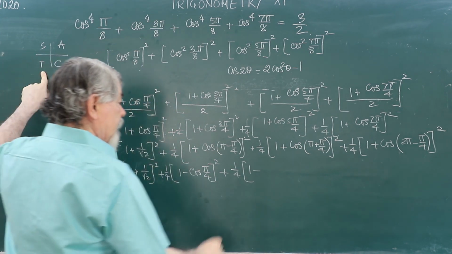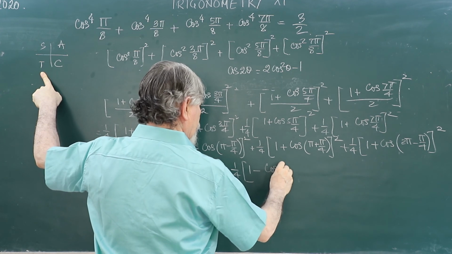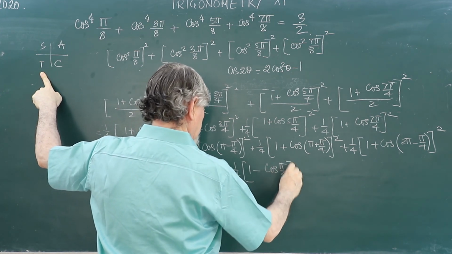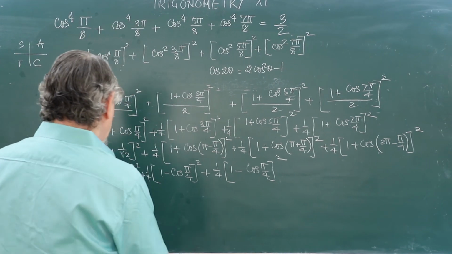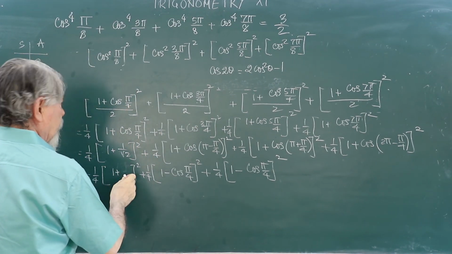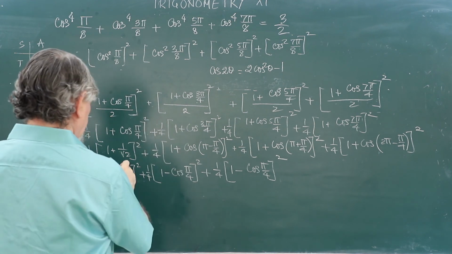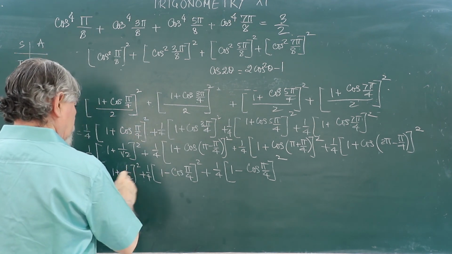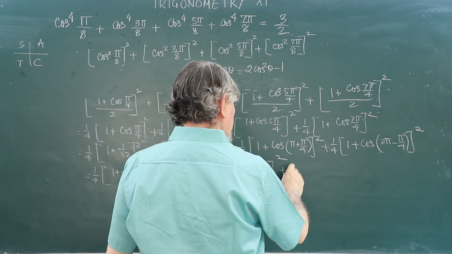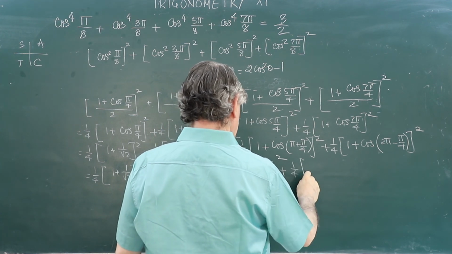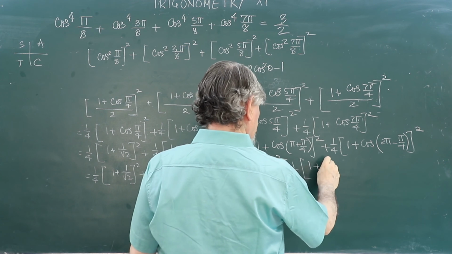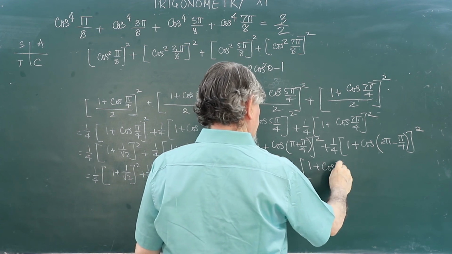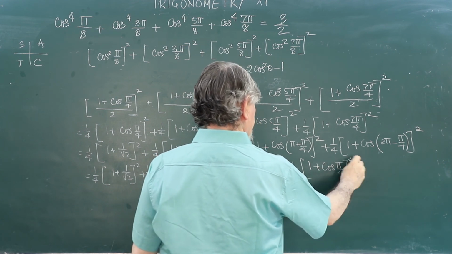In the third quadrant again it will be minus cos π/4, squared. And this is again 1/4 (1 − cos π/4)².